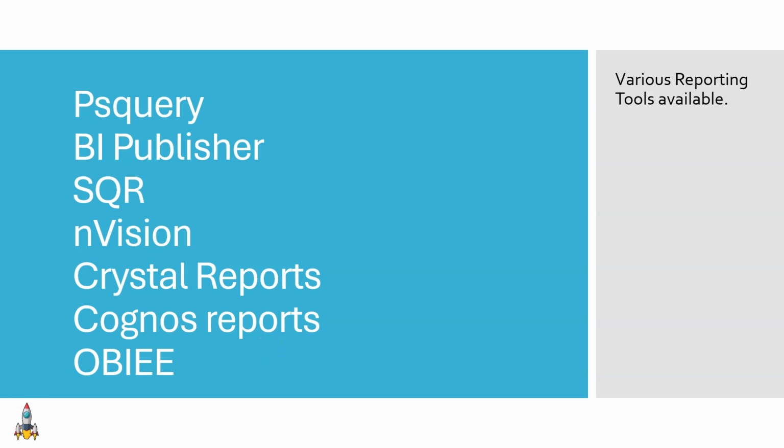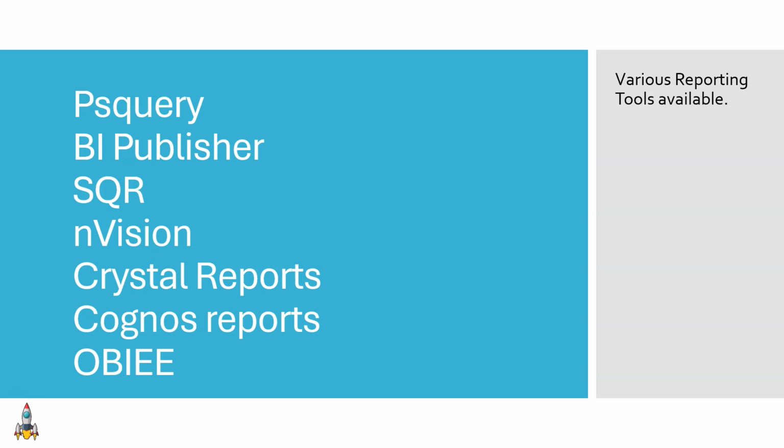Then we have Envision and Presto reports. These typically are richer formats of reports, and these are often used in financial reporting when using a PeopleSoft system. Later, we have Cognos reports. Cognos is an IBM-built functionality, and it can also be integrated with PeopleSoft.